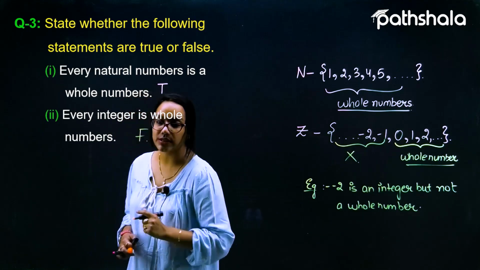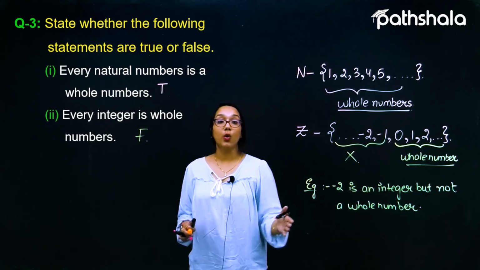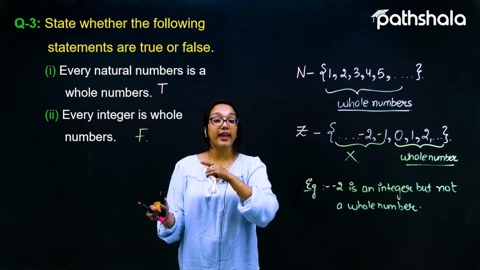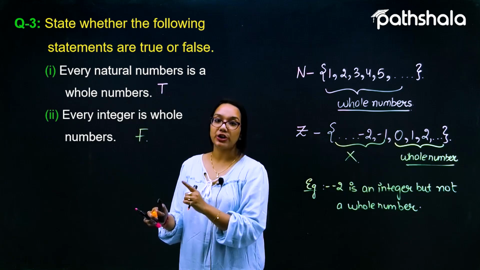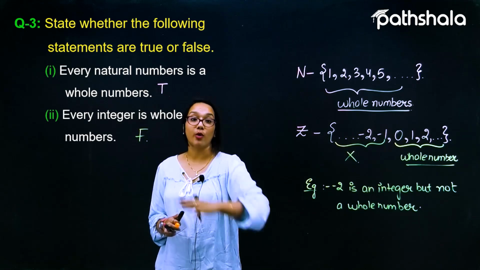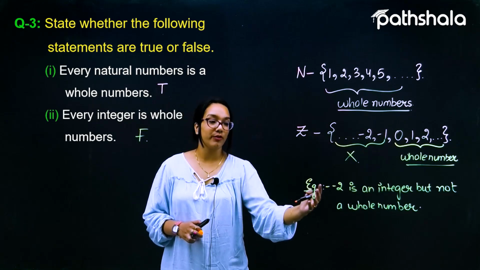This statement is false because every integer is not a whole number. But the vice versa condition is true, that every whole number is an integer, but every integer is not a whole number. So this statement is false. So I hope the two statements are very much clear to you with the help of this particular example.